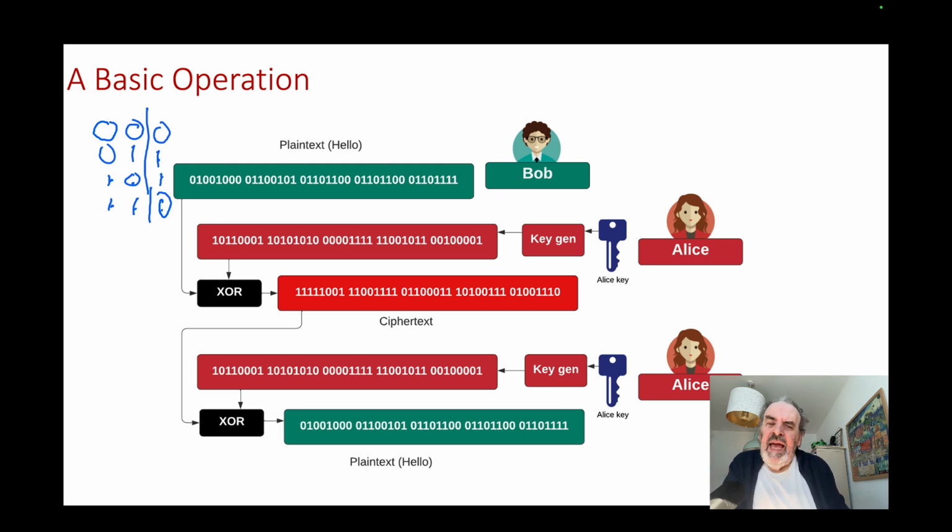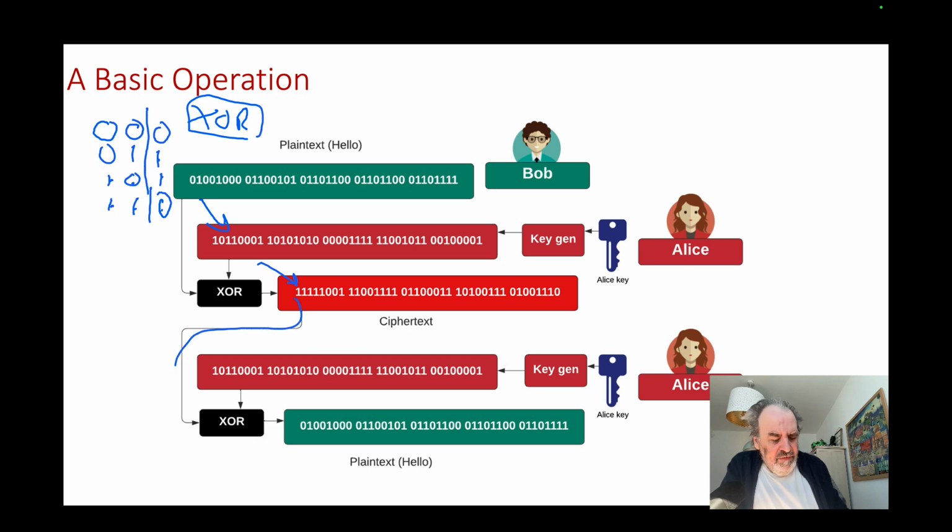And the great thing about the XOR operation, exclusive OR, is that we can reverse it easily. In fact, we can encrypt a cipher stream by XORing all the bits together from the plain text with a key and producing our ciphertext.